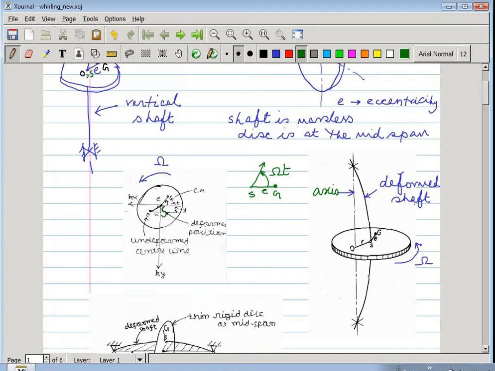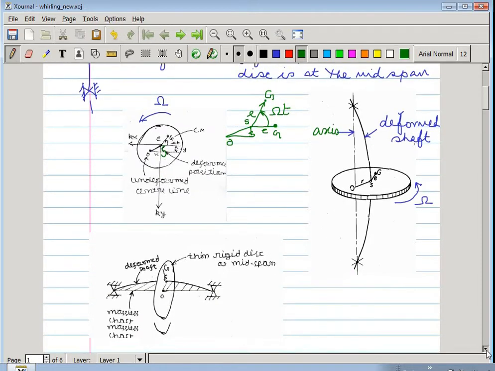But the elastic deformation of the shaft is something like this, which is also rotating, but we assume it to be lagging behind the unbalance or the eccentricity. So this OS is due to elastic deformation, and G is the location of the center of mass, which from this line has rotated by capital omega t. So this is what is shown in this figure.